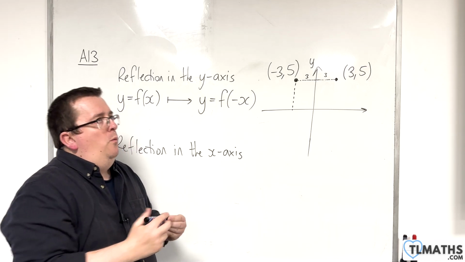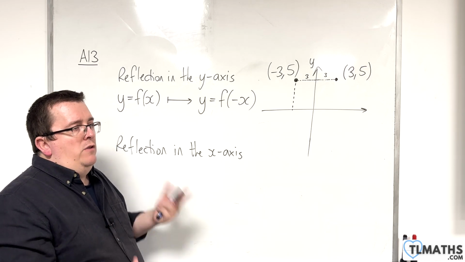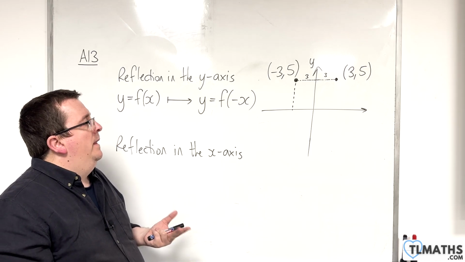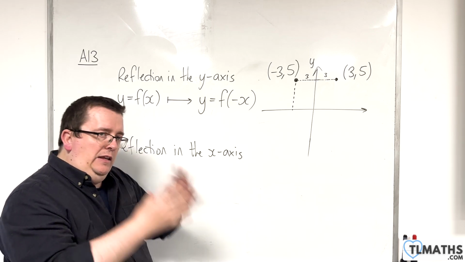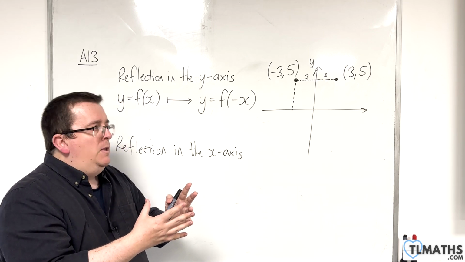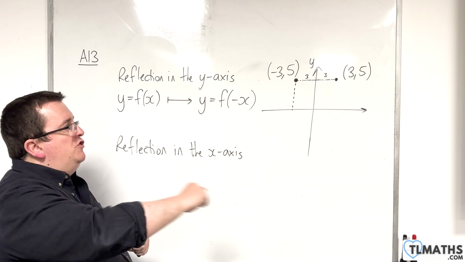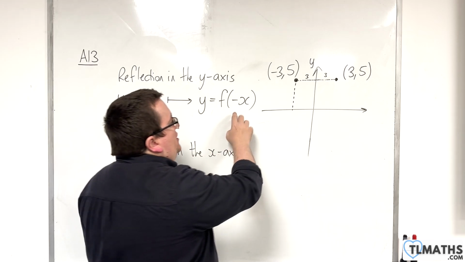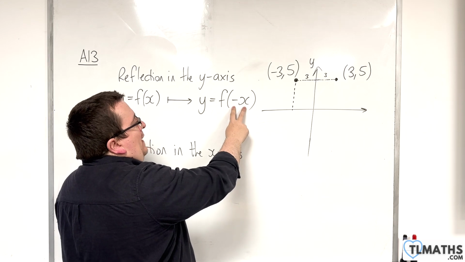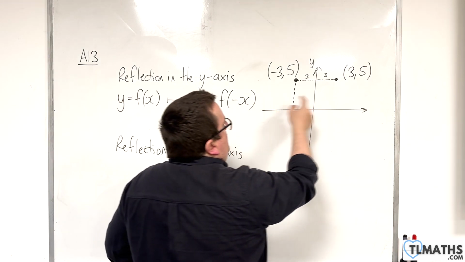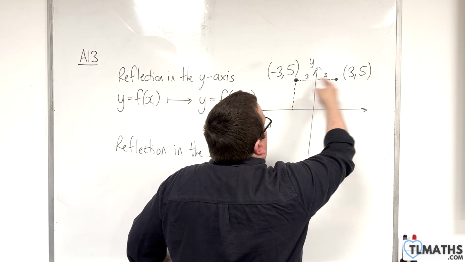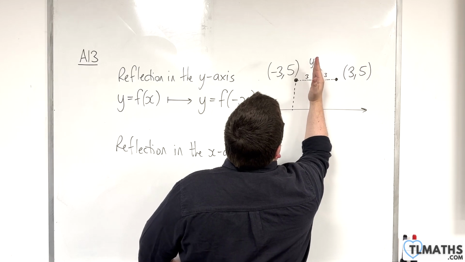So from what we've looked at with graph transformations so far, we know that if it's inside the bracket, it affects the x direction. Okay, it affects it horizontally. And this is precisely what you're seeing. It is affecting the graph horizontally because it is moving horizontally across the y-axis.